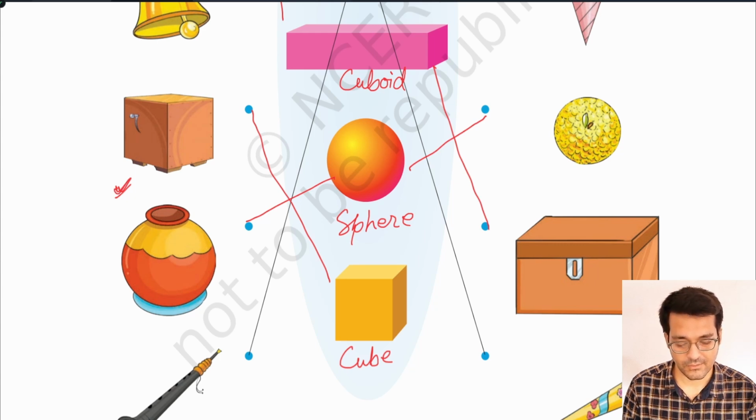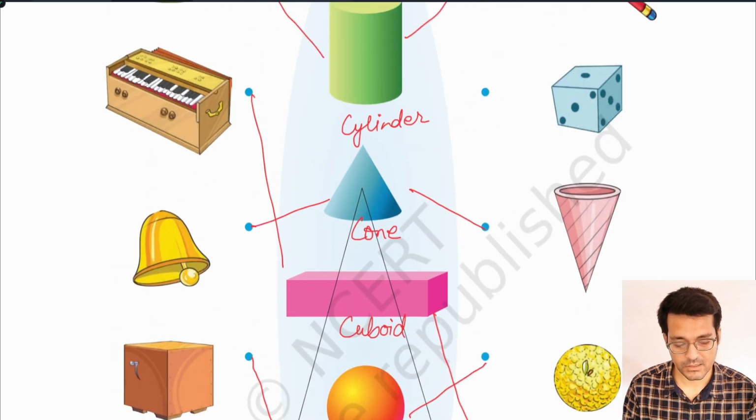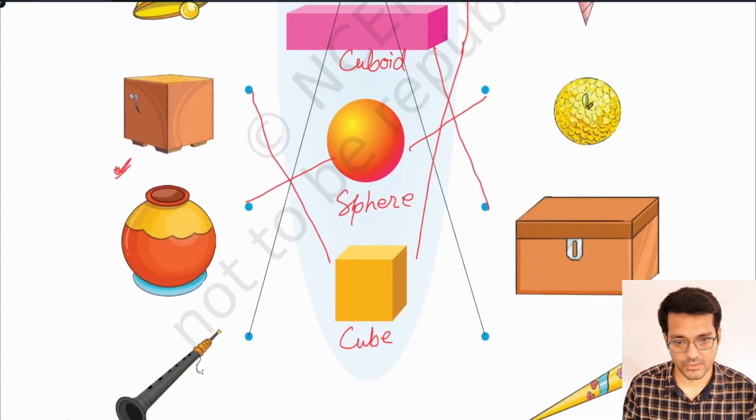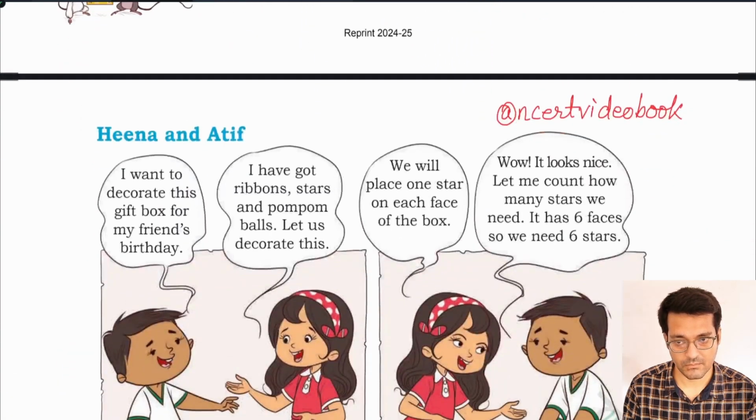This is cubical in shape. Similarly, the dice is cube shaped.